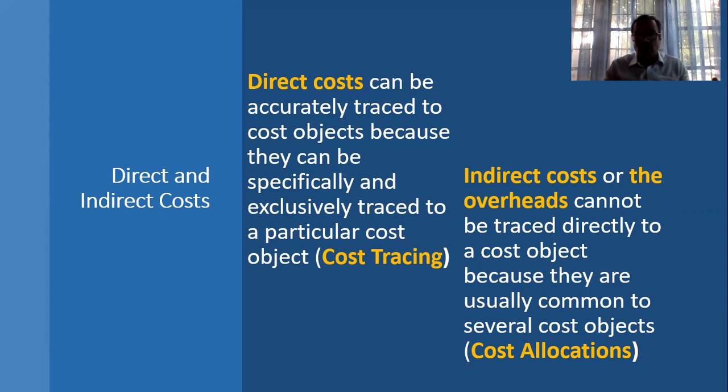When we take the cost object as the university, the use of that information to managers, who may be vice chancellors or heads of departments, deans, or maybe UGC or the Ministry of Higher Education, the use of cost assigned to the cost object of the university would be very little. With that amount, they can't take decisions. So how much money has been spent for this and that? You got it?